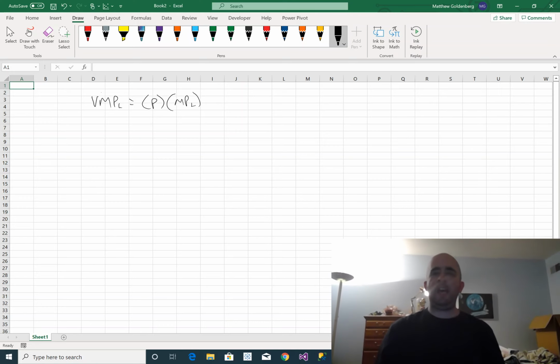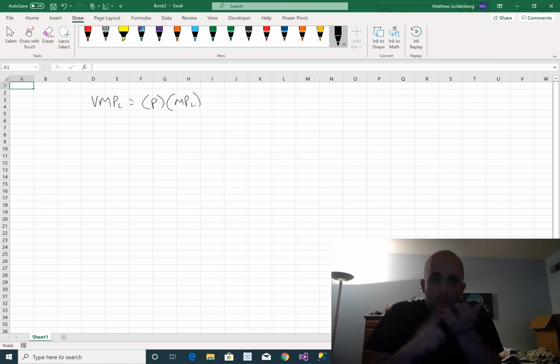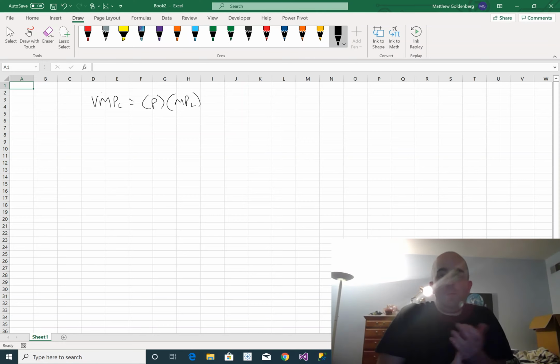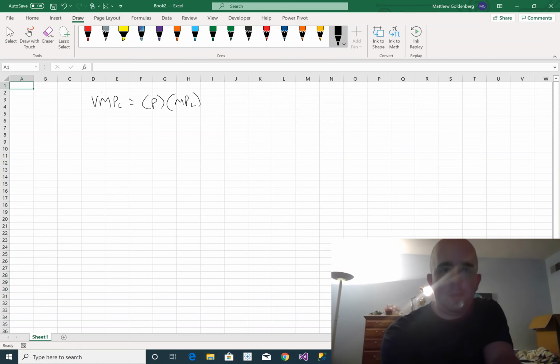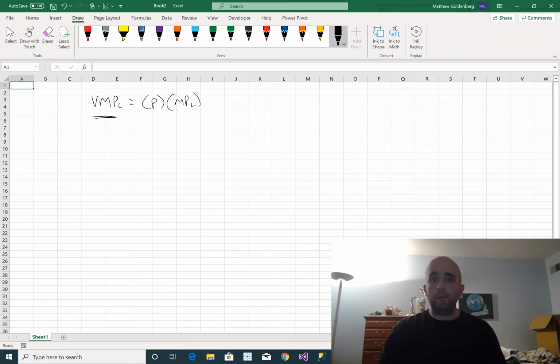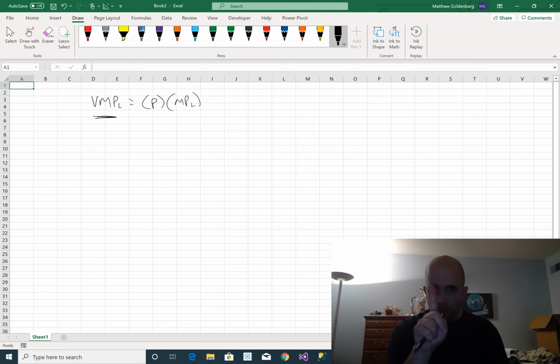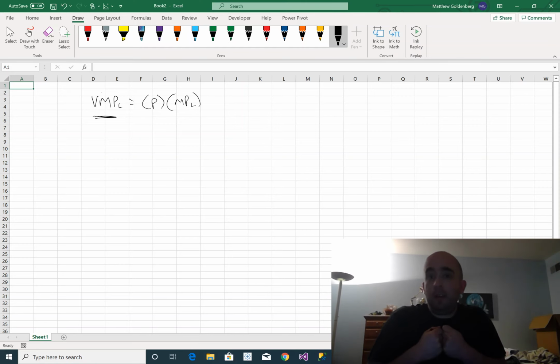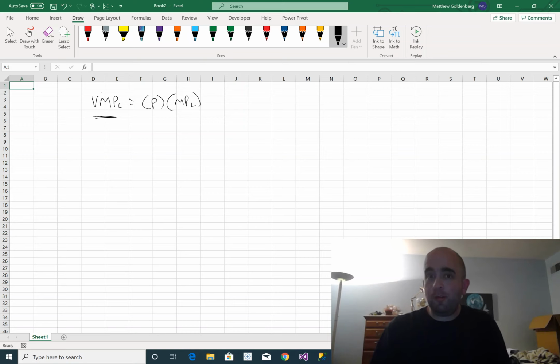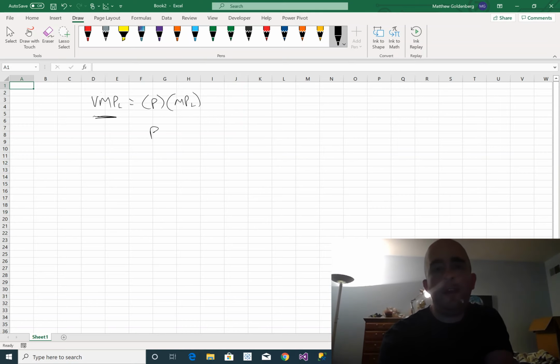Let's say, how many hamburgers can the next person we hire be expected to produce? So the value of that next person is a function of how much the goods they are producing are worth times how many goods they're producing, or price times quantity.